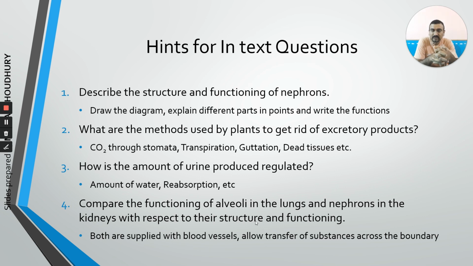So that's how the structure is slightly similar. Secondly, function-wise, in alveoli there is diffusion of gases from the alveoli to the blood or blood to the alveoli. Here, there is transfer of waste from the blood to the Bowman's capsule or from Bowman's capsule back to the blood. So different things transfer through the blood, but there is a similarity that we see.